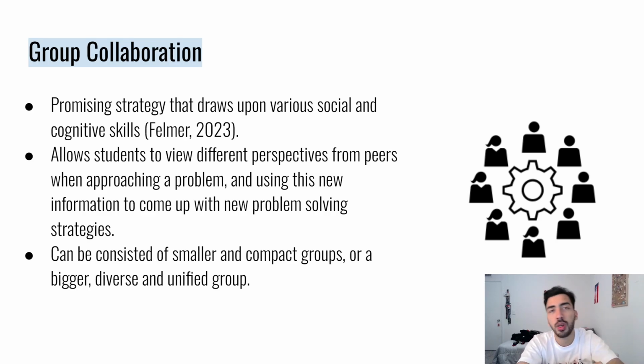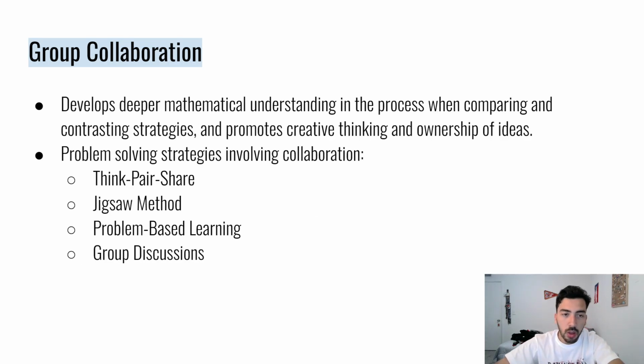This could be either splitting the class, for example, 30 into 2 groups of 15, or a whole class discussion where the teacher asks the students to provide their thinking. Group collaboration also develops deeper mathematical understanding in the process when comparing and contrasting strategies, and it promotes creative thinking and ownership of ideas.